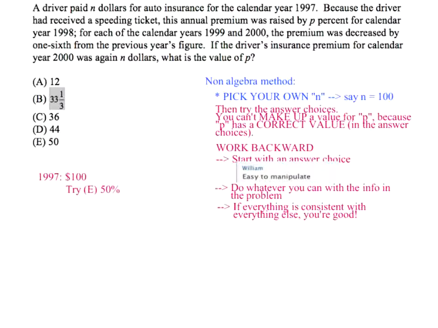Then that means the 1998 premium was $150. So then 1/6 of this is, that's 6 times 25, so 1/6 of this is $25. So in 1999, you get $125.